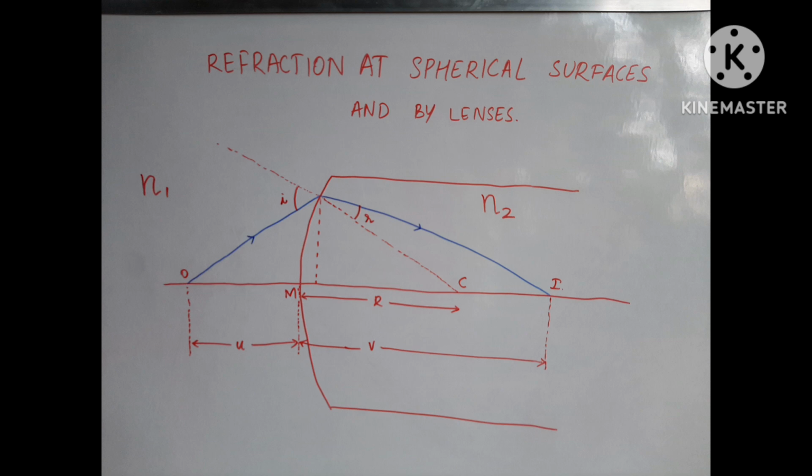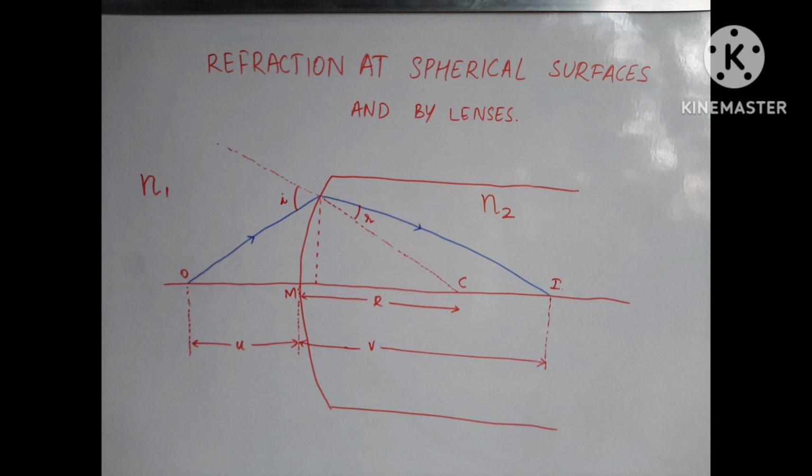Here we can consider at least three right angle triangles: angle NMO as the first triangle, angle NMC as the second triangle, and angle NIM as the third triangle. The first medium has a refractive index of n1 and the second medium has a refractive index of n2.